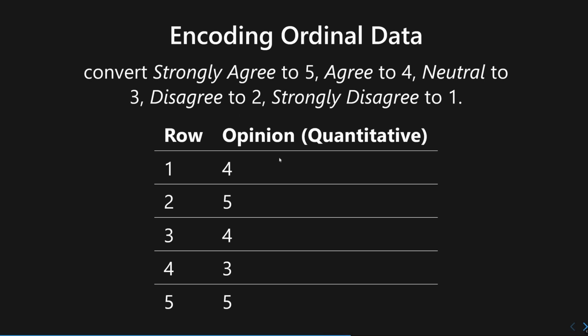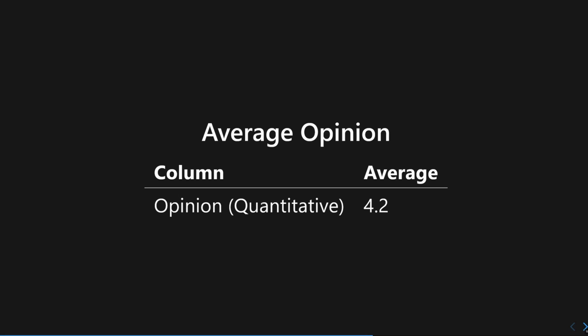One interesting insight that you can find is, of course, the overall opinion of all of the respondents. You can find the average value of all of these in this column: you add all of them, that would be 21, divided by 5. You end up with an average value of 4.2. So your opinion variable has an average of 4.2 for all of your respondents, and this gives you an insight into what the overall opinion is.